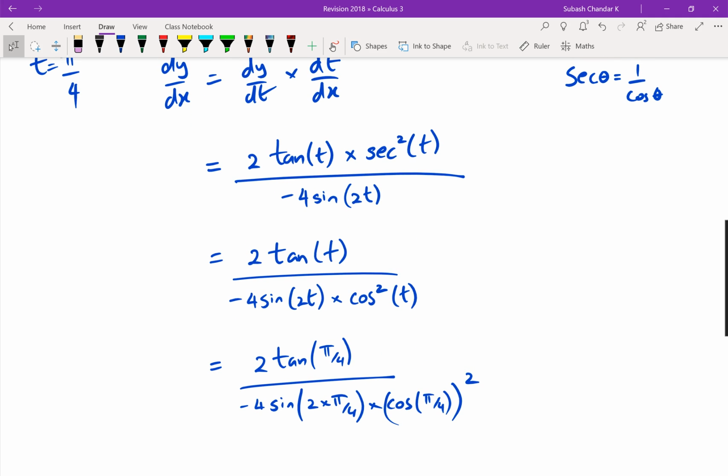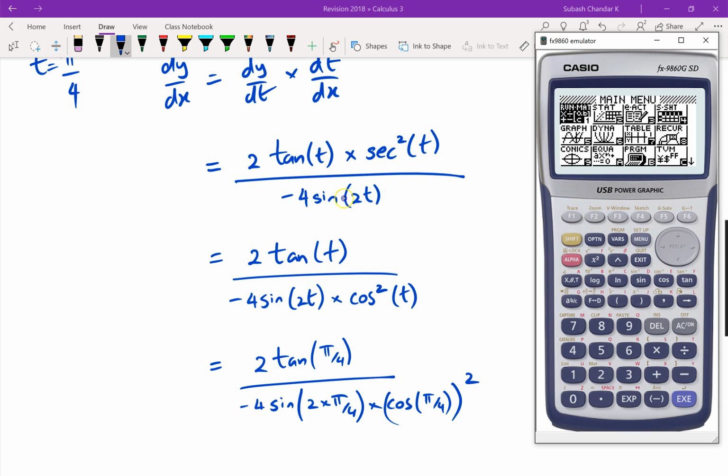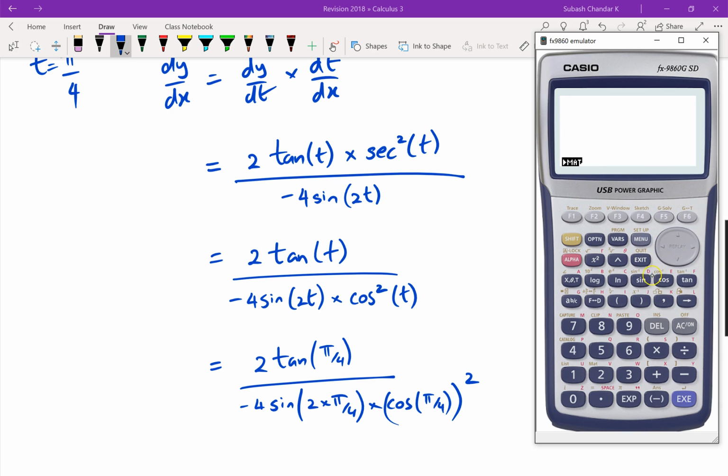Now I'm plopping it in the calculator. I'm in radians, that's fine. Go into the run menu. I'm going to put pi over 4 as my answer, just because I don't want to keep typing pi over 4 all the time.